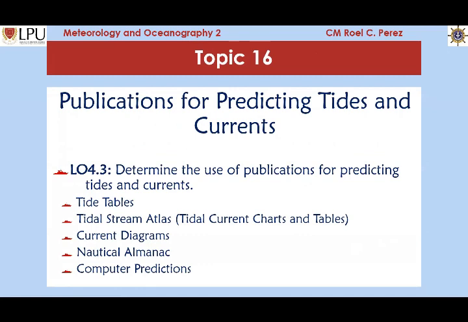So the publications are the tide tables, tidal stream atlas or tidal current charts and tables, current diagrams, nautical almanac, and computer prediction. So as you can see, the nautical almanac is also not only for celestial navigation.